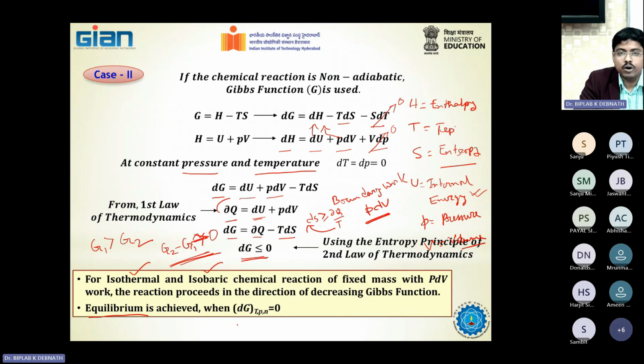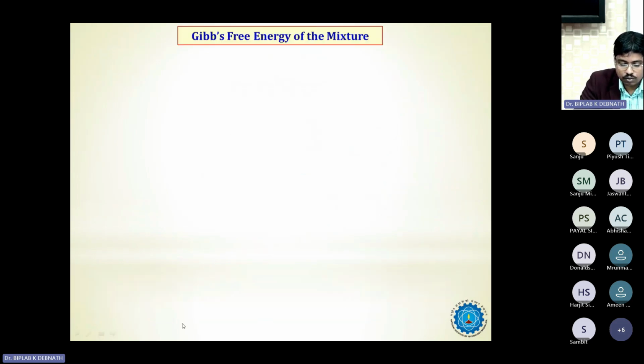That is also very important. When the mass is changing, the equation will change. For this condition to be satisfied, you have to maintain the temperature and pressure constant, and the mass of the system has to be constant. That means the system has to be a closed system, and you cannot consider any other work except the boundary work. If these conditions are satisfied, then with this equation we can calculate the equilibrium condition.